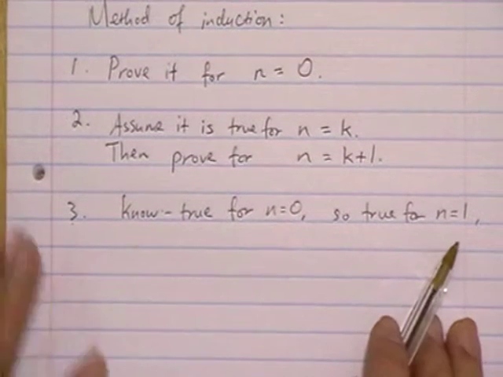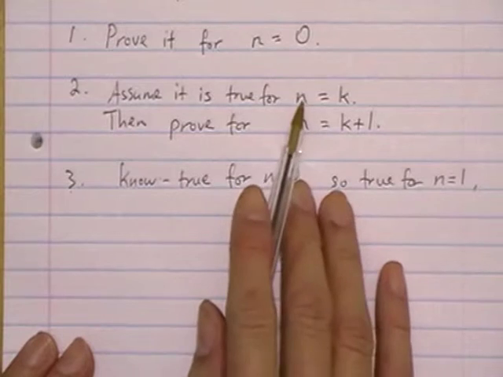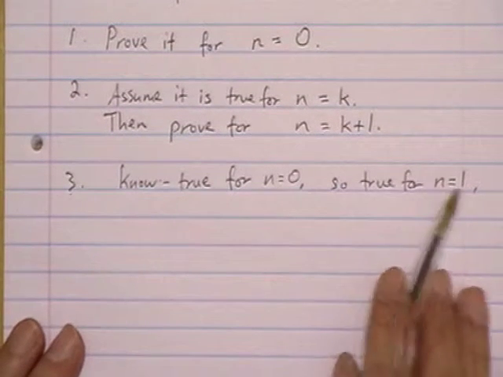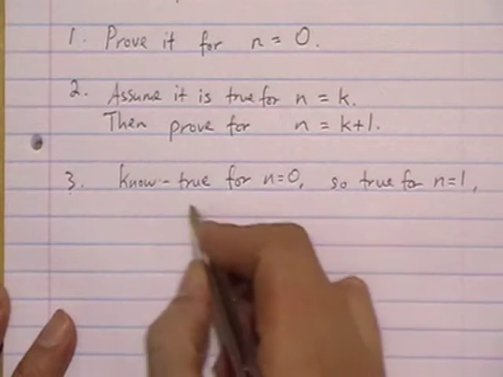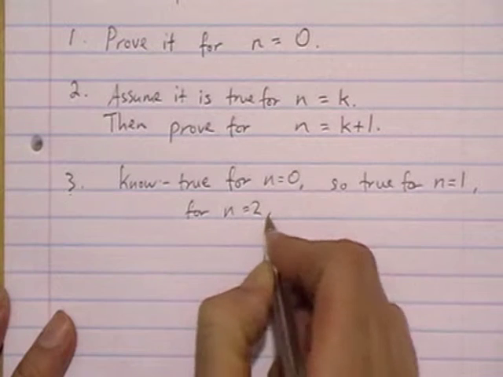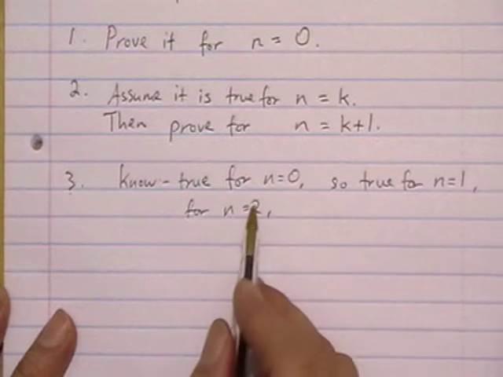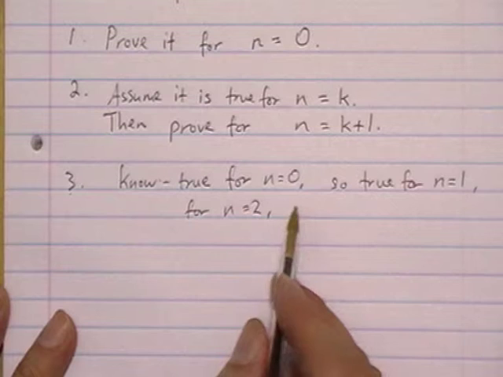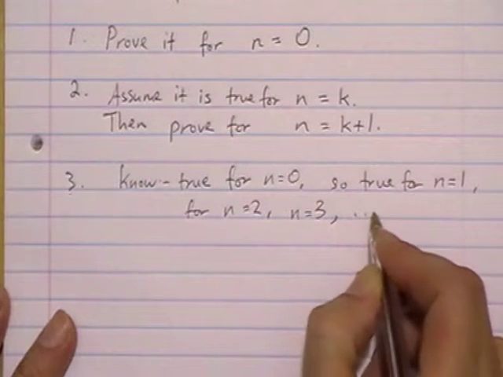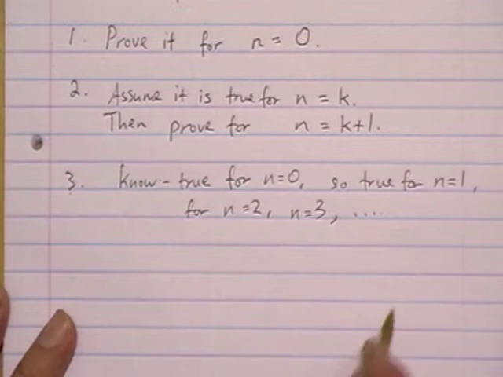And since it's true for n equals 1, step 2 tells us that it must be true for the next number, which is n equals 2. And then again step 2 tells us that it's true for the next number, which is n equals 3, and we can just go on forever.